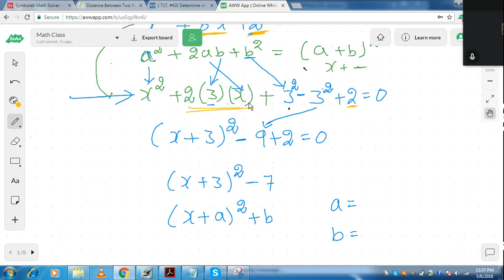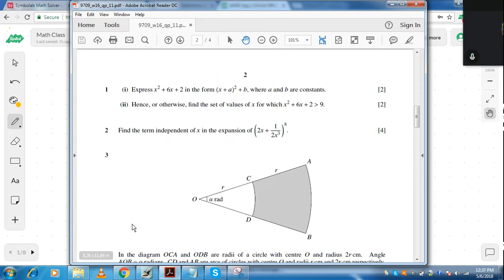Okay, so the next question. So we should take the 9 to the other side. Find the value of x square.